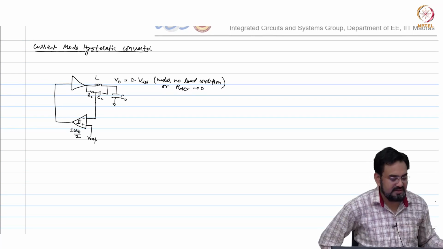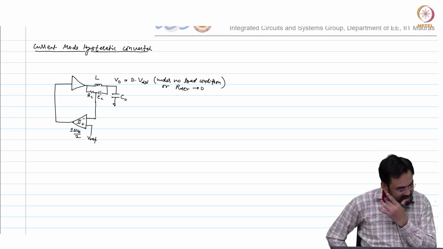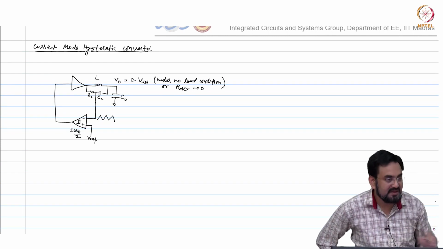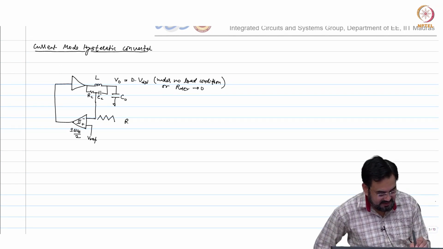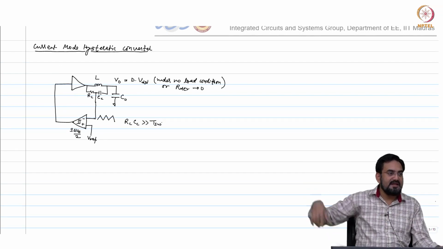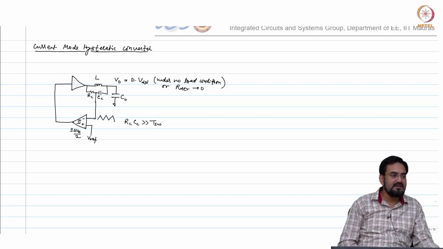So, take this and connect here. So, what would happen? This will be something like this, correct, provided that the RC time constant RC Cc is much larger than TSW, because we are looking for an integration, and this first order low pass filter will work like an integrator if the time constant is very large.